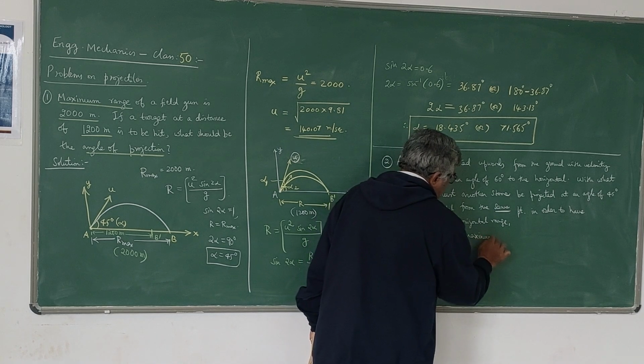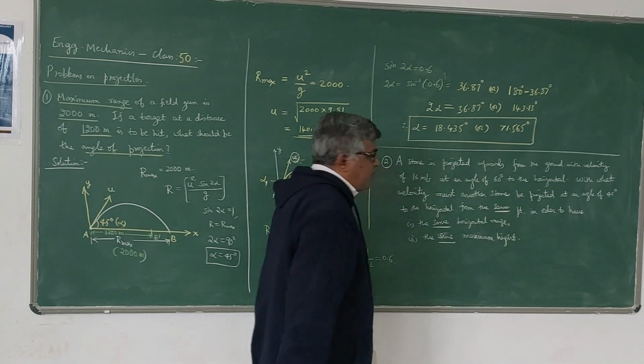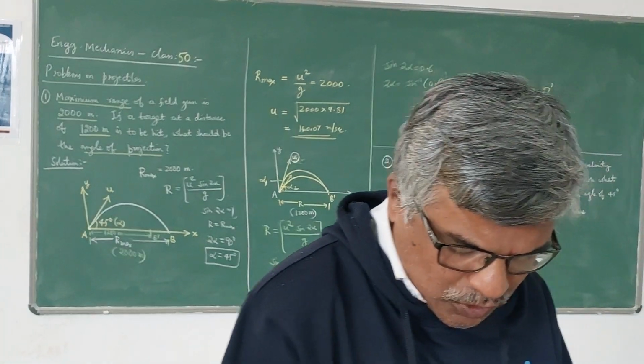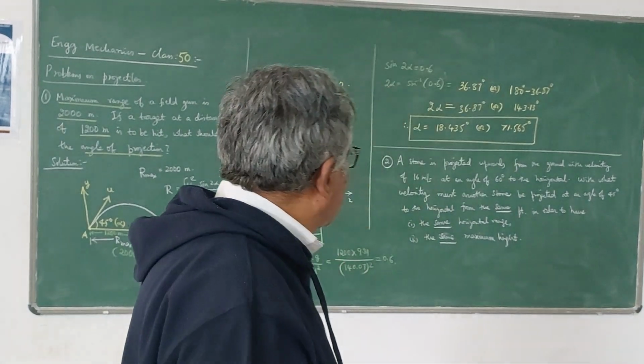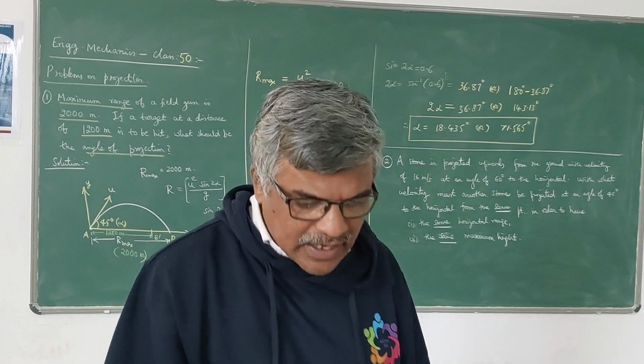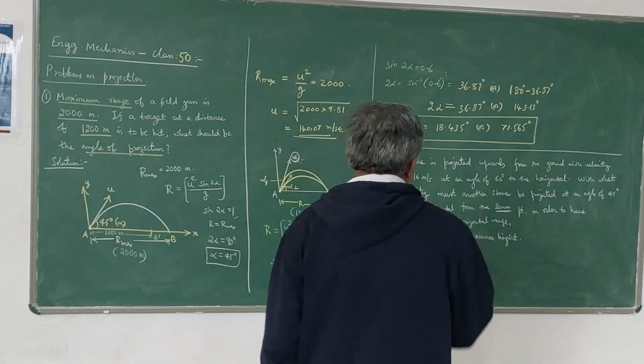So of course this is also a simple problem, but you should know the formula to be used. So let us see, there are two cases here. Two stones are projected. One stone is projected at an angle of 60 degrees with a velocity of 16 meters per second. Another stone is also projected from the same point, but the velocity is not known.